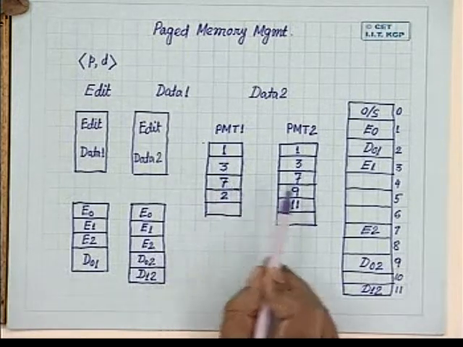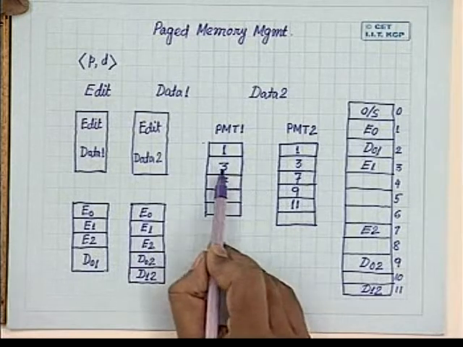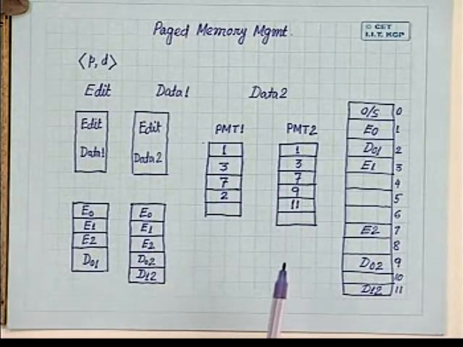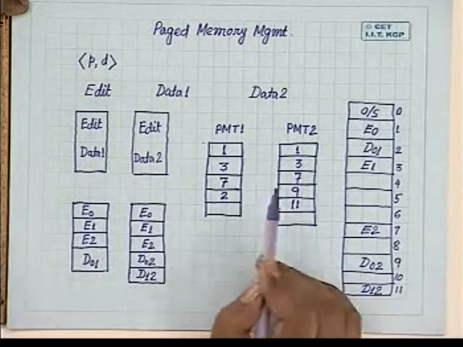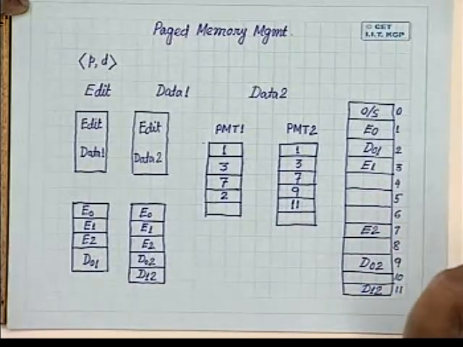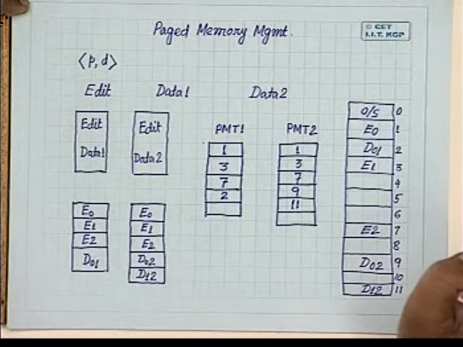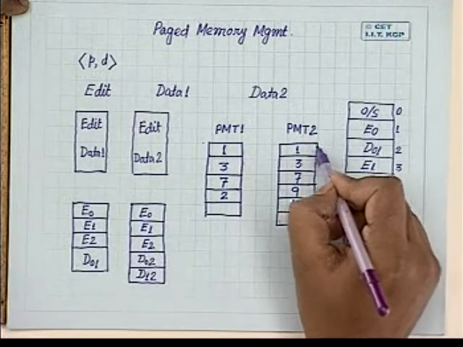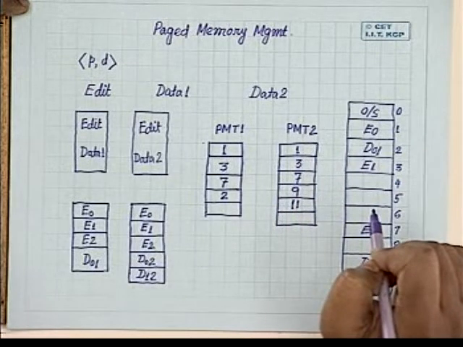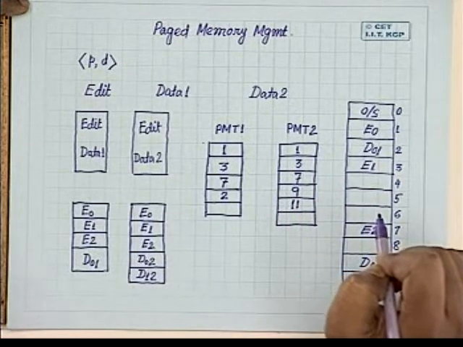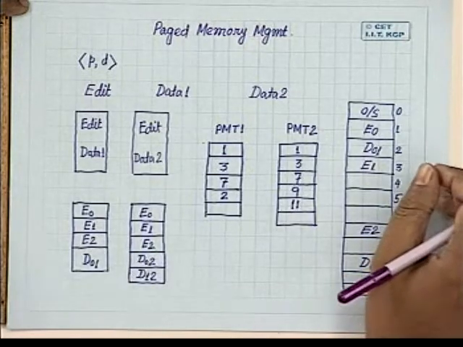But if the code is not self-modifying, in that case we can share the codes among a number of users, not only 2, even 3, 4 users can share the same copy of the code which is there in the main memory. Okay. Now, when you construct such a page map table, you find that the protection that we have said in case of other memory management techniques like MFT or MVT, that we want that one user program should not try to access or modify the address space of some other user program.